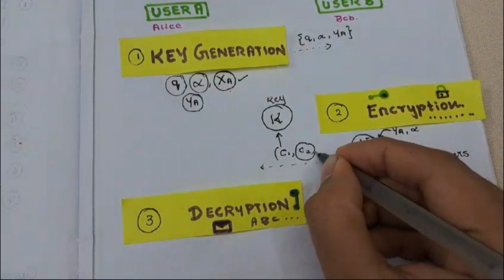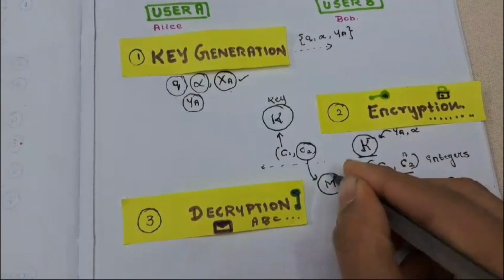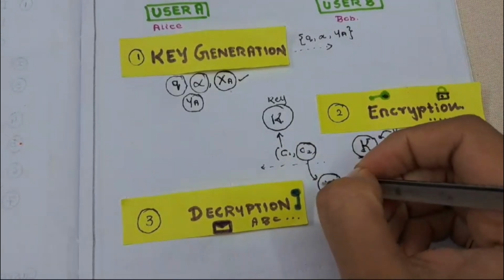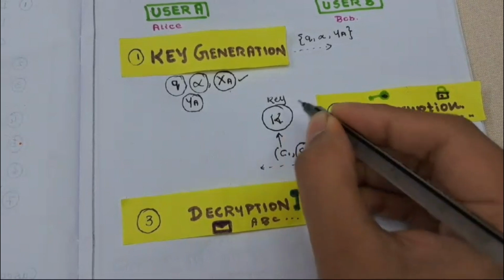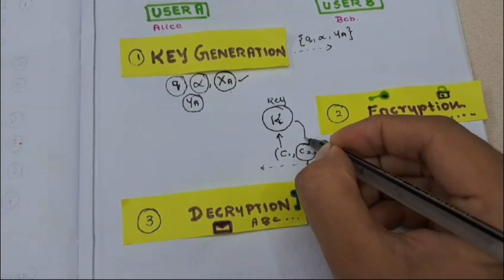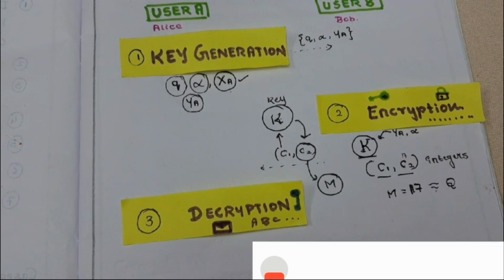And the use of C2 is nothing but the actual message. So by sending this ciphertext, user A is going to get the key K. By using this key K, he is going to decrypt the message. This is the basic understanding of the ElGamal encryption.